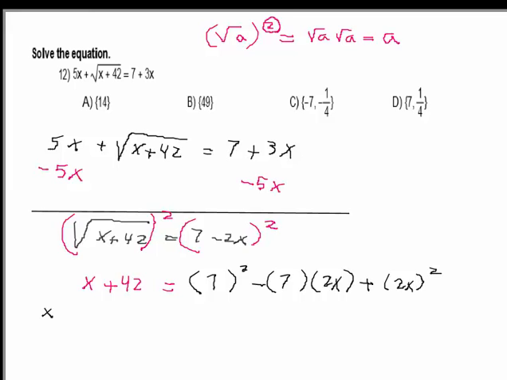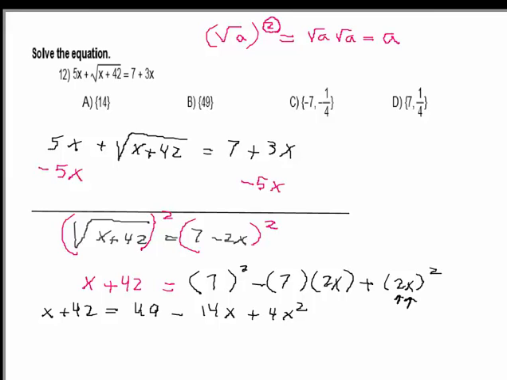So you get x plus 42 is equal to 49 minus 14x plus 4x squared, not 2x squared. Both 2 and x should be raised to the power of 2. Can you see what we're doing so far?